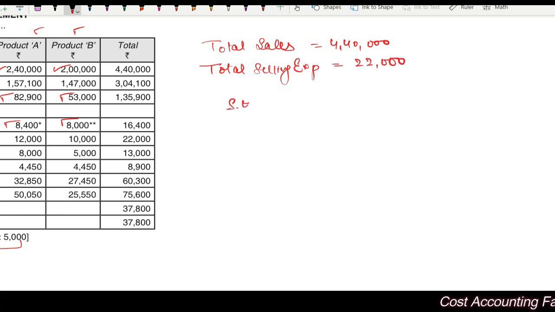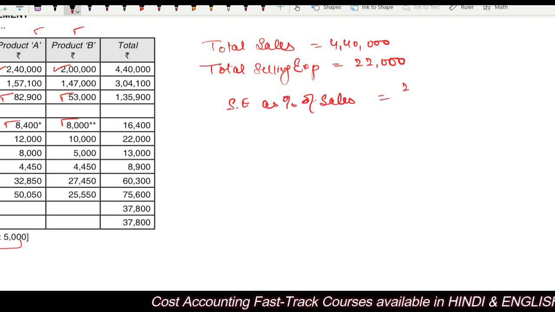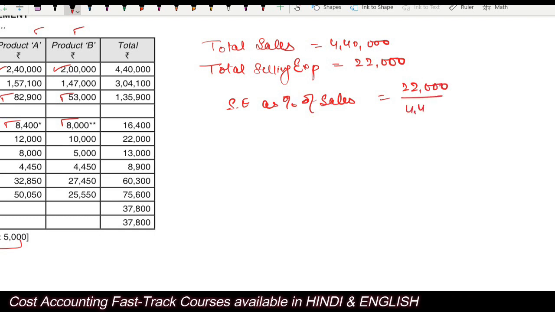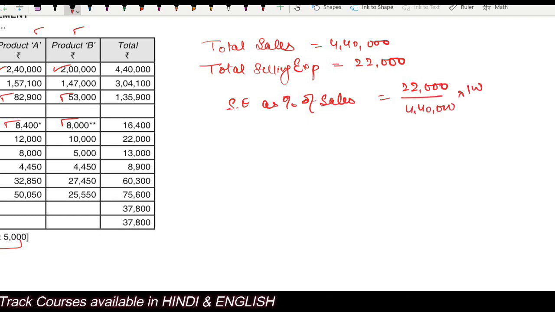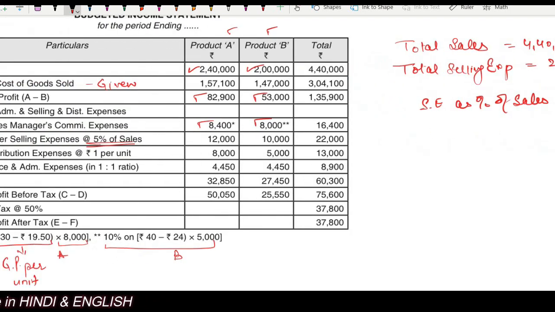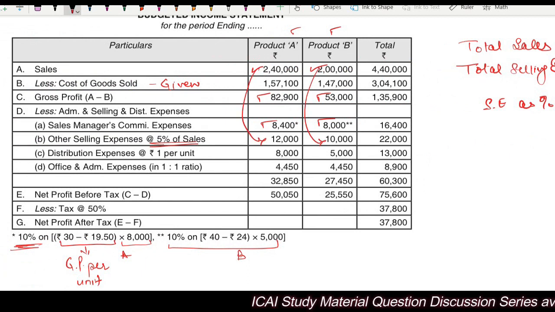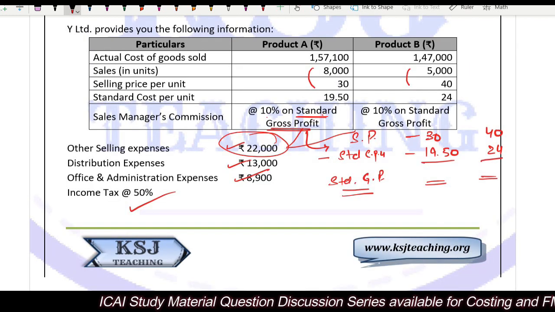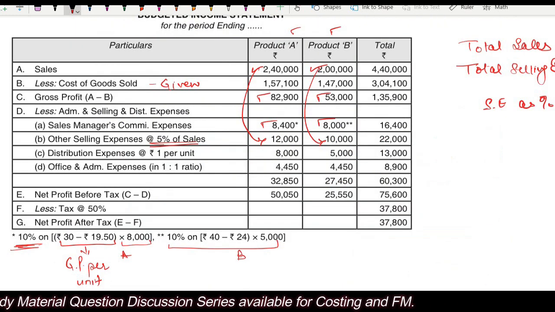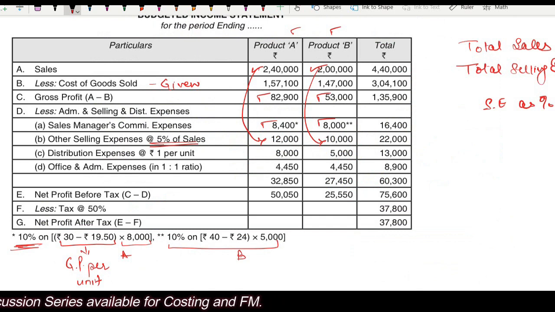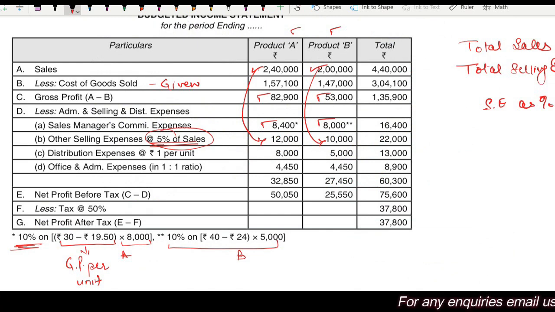Now selling expenses as a percentage of sales is 22,000 divided by 4,40,000 multiplied by 100. So this is 5% basically, right? So 5% of sales. If the sales is 2,40,000, take 5% of that, and 5% of 2 lakh. Or you can directly distribute this 22,000 in the ratio of 2,40,000 is to 2 lakh. That is absolutely correct, right? No need to calculate this if you don't want to. No need, right? Sir, what about distribution expenses?